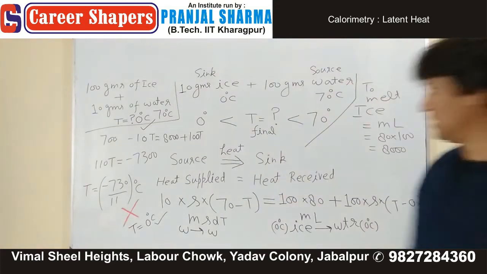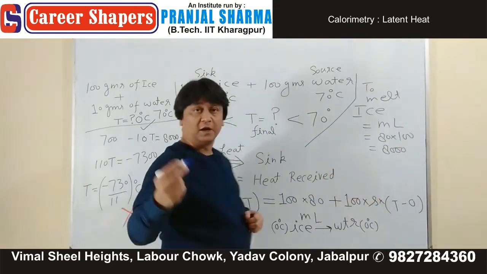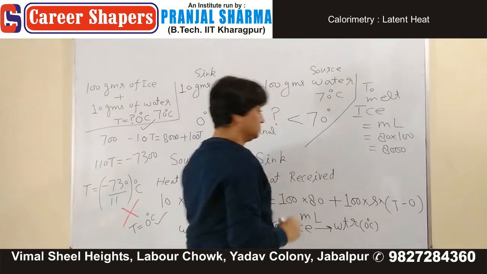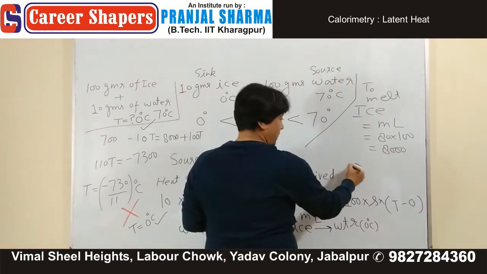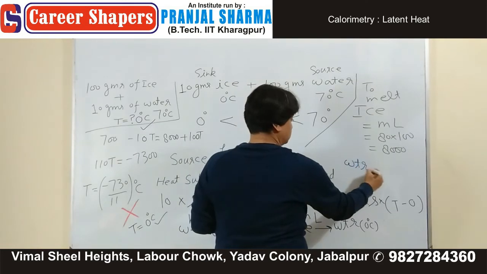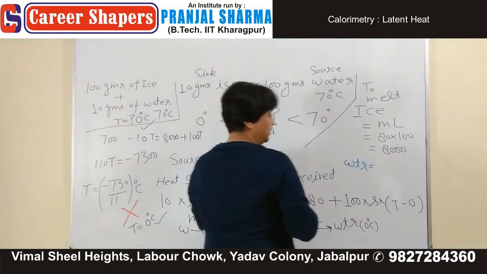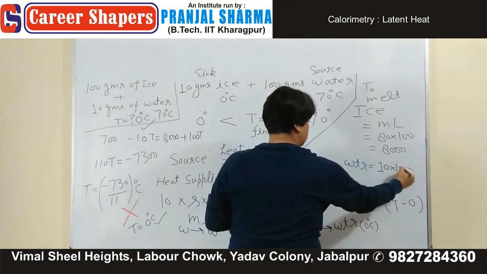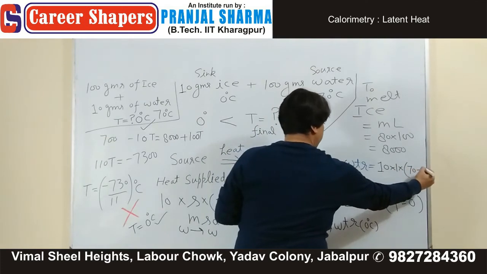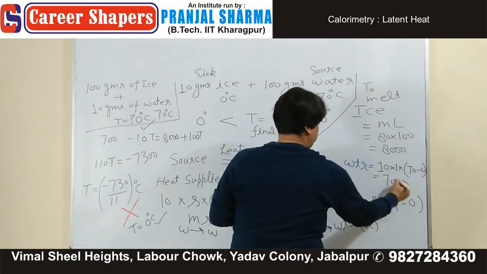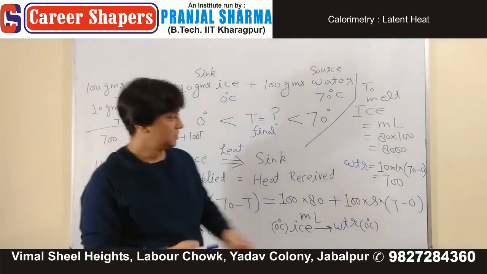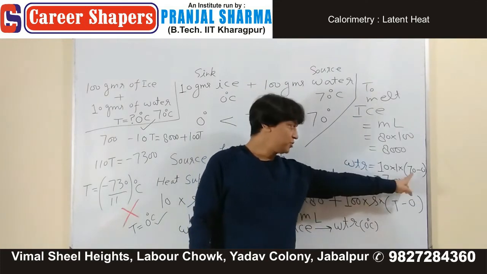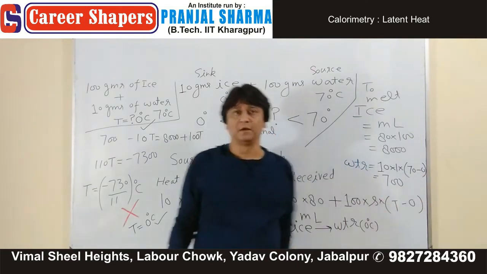If you completely drop the temperature of water from 70 up to 0, the lowest possible temperature, then it says m s delta T, 70 minus 0, which is 700 calories. Energy coming from water when you drop its temperature from 70 to 0 is only 700. अब कहानी क्या बनी?